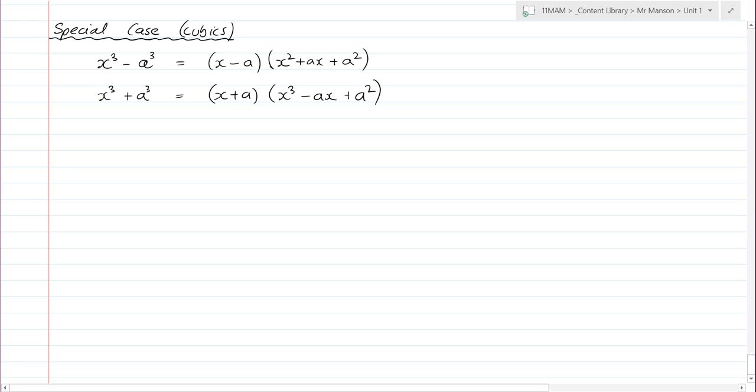Do you have to remember the whole thing? Not really. But if it's x cubed minus 27, where 27 is 3 cubed, then x minus 3 is a factor. That's going to get you all the way there. If it's x cubed plus 27, then x plus 3 is a factor. So that's it for the polynomial stuff.